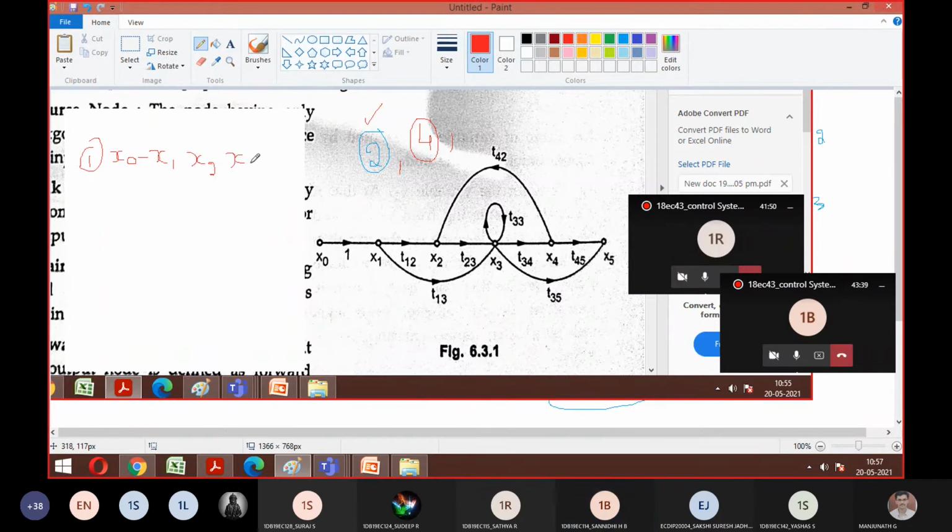So input to output. Okay, this is one. According to you, this is your first one. Okay, good. Next, second one.